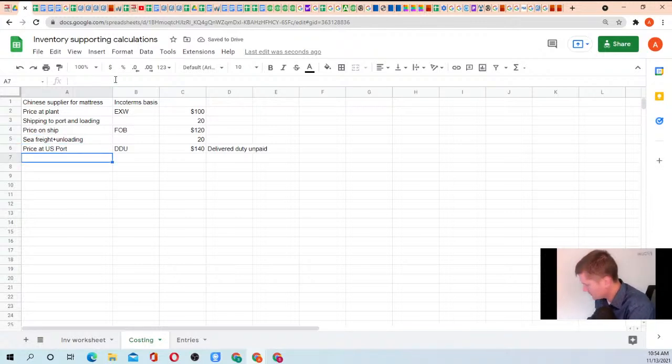Let's add duties here, and let's also add trucking to warehouse.